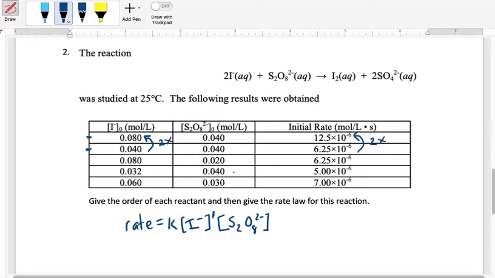So if we're looking at the effect of changing this one, we need to go over here and find a set where this is not changing. So let's see. We've got 0.8 and 0.8. That looks like about it. Oh, so let me erase this stuff.